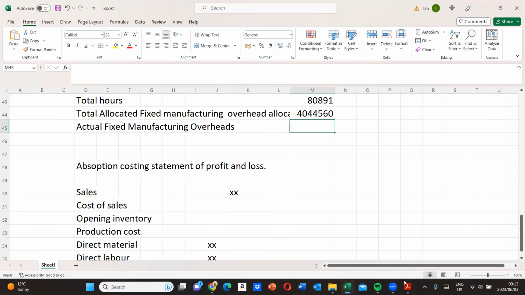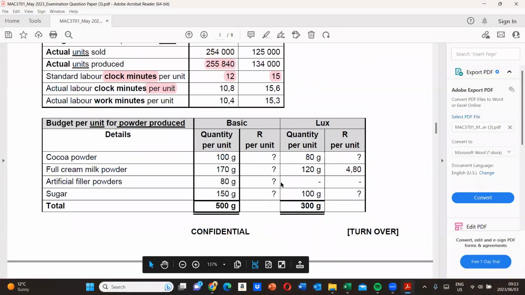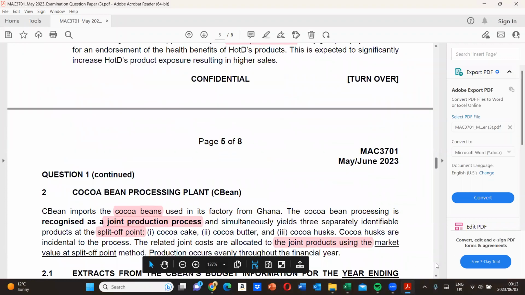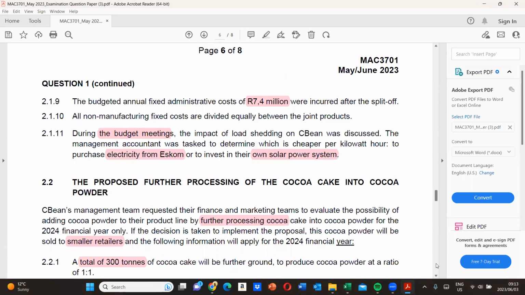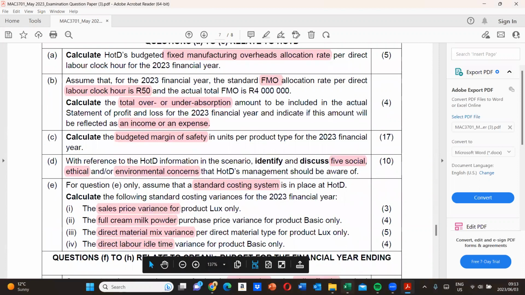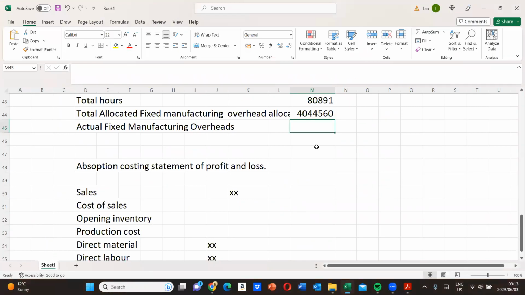Now, what is the actual fixed overheads? There's a problem because now the allocated and the actual are different. In the question, they give us the actual fixed overheads. So you're told the actual fixed overheads are sitting at 4 million, but you allocated 4,044,560. So there's a difference between these two.